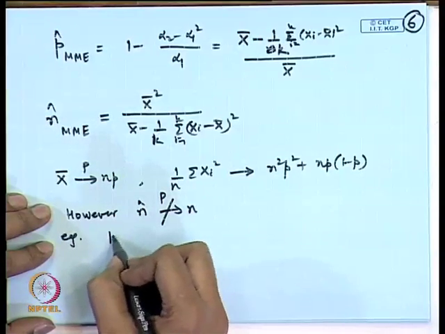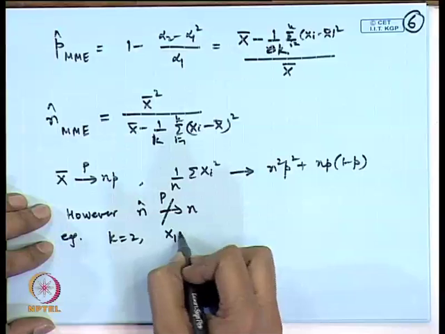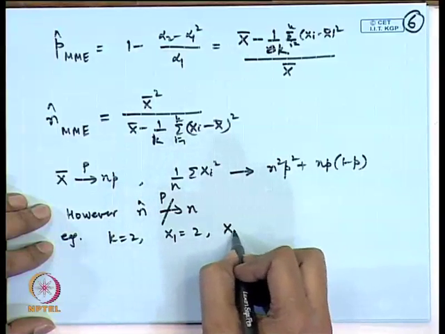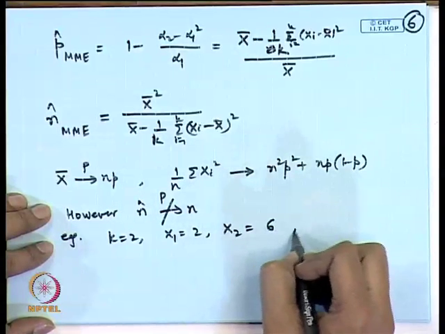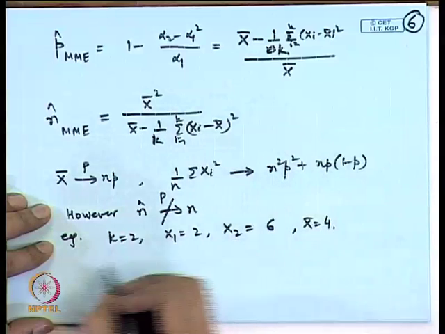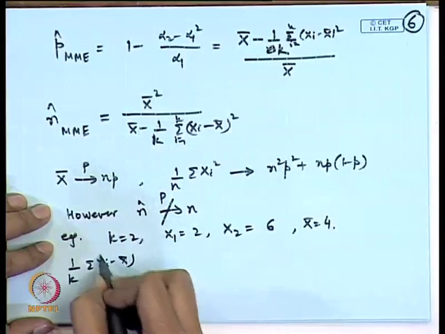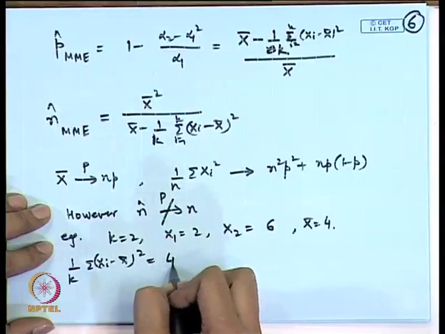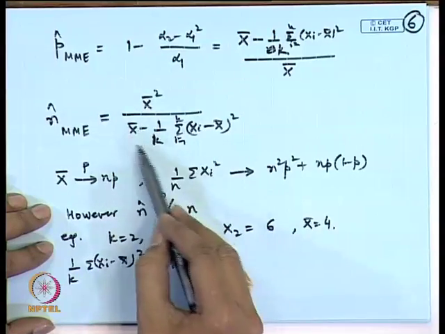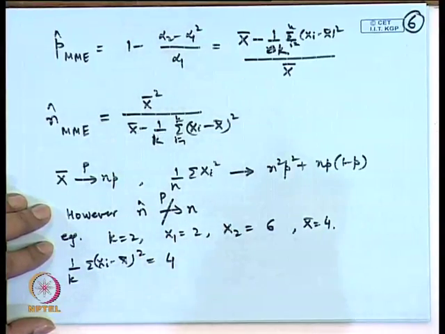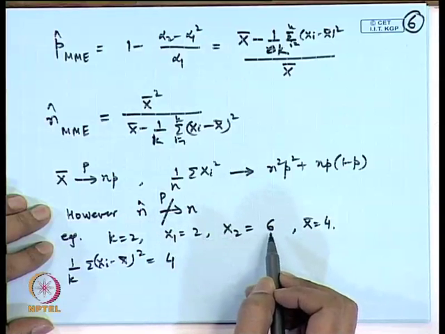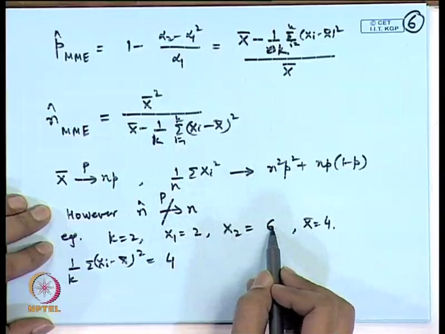Take say k equal to 2, and let me take observations x 1 equal to 2, x 2 equal to 6. So, x bar is equal to 4, and if I calculate 1 by k sigma x i minus x bar square, that is also equal to 4. So, this denominator actually becomes 0, and the probability of this is positive because I am taking actual observations here.